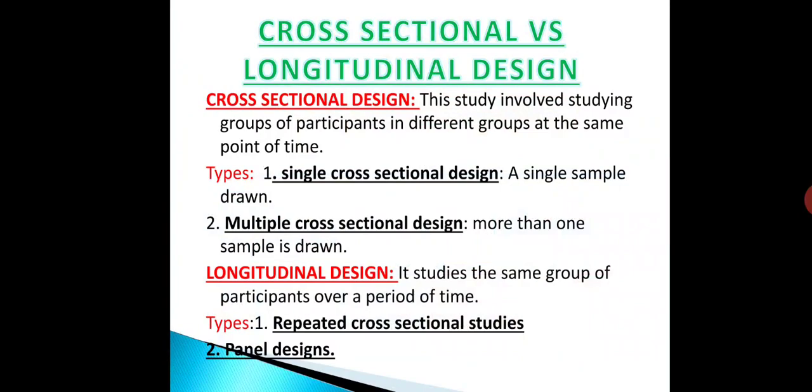On the other hand, longitudinal design studies the same group of participants over a period of time. So in this, the data is collected for each variable over a period of time and the analysis involves a comparison of data between or among different periods. So in the design, a researcher performs repeated observations or experiments at specified points.